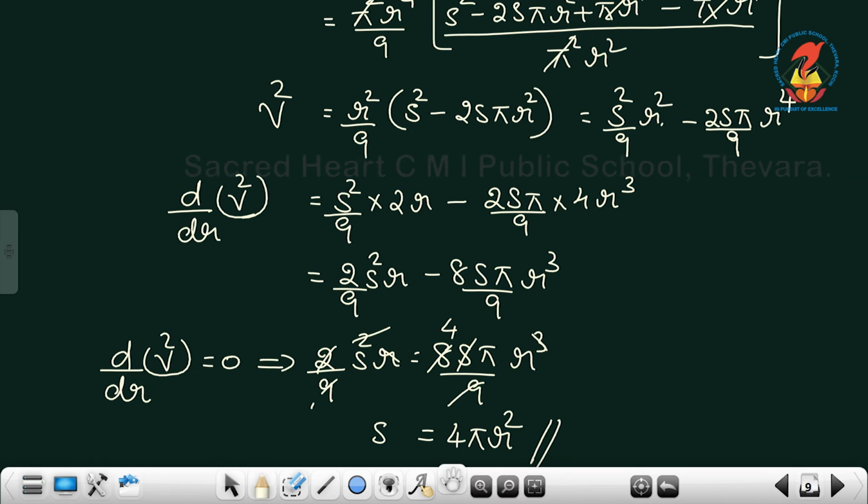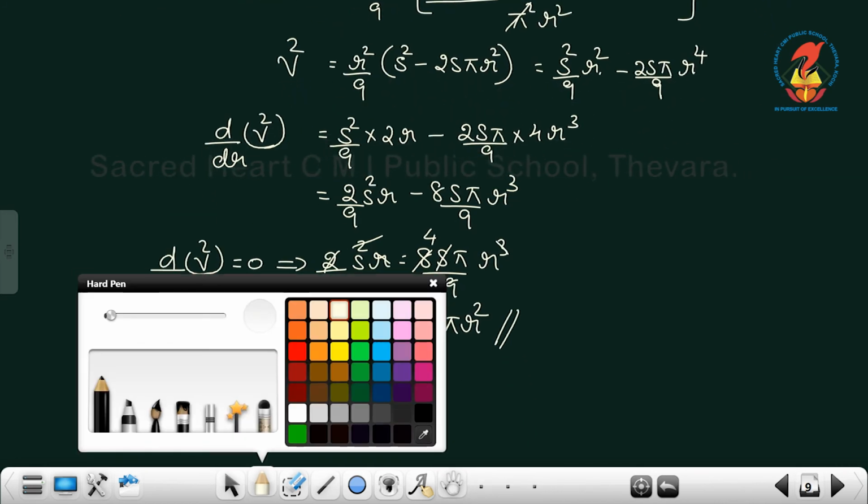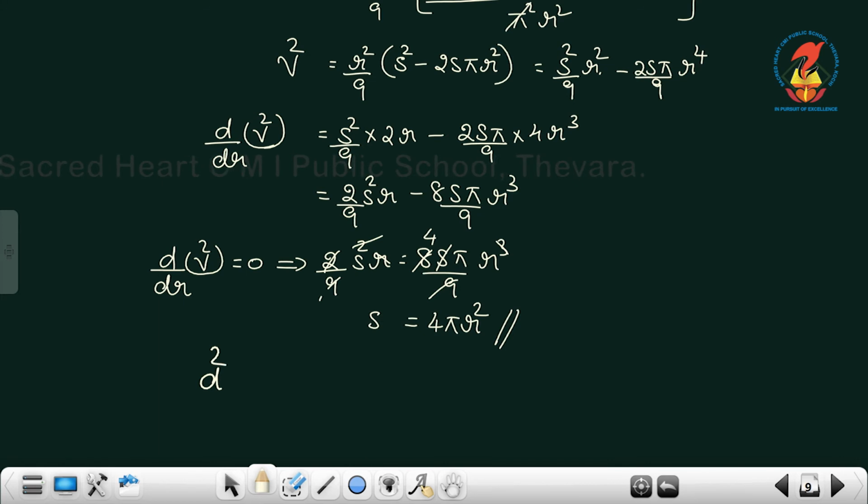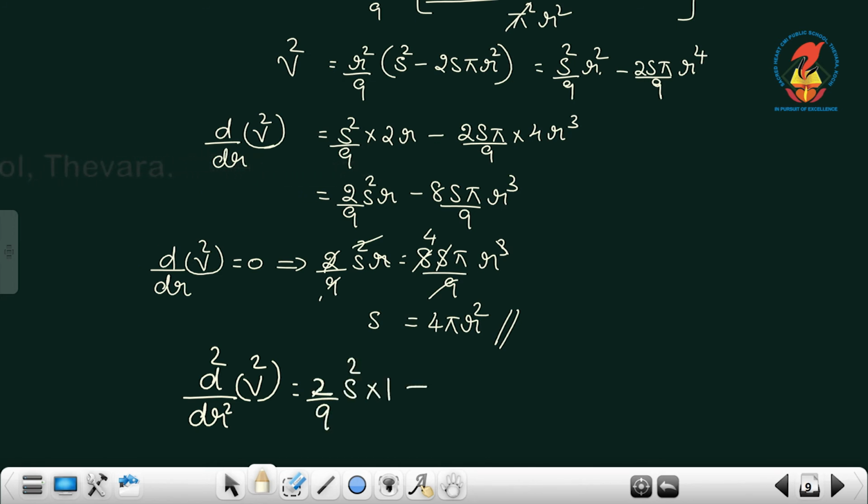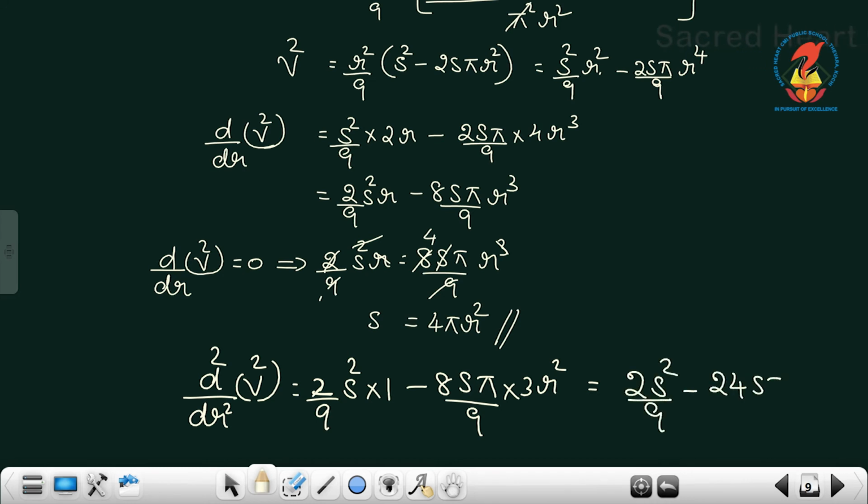Then find the second derivative. Second derivative d square by dr square of V square. This term 2 by 9 s square into 1 minus 8s pi by 9 into 3r square. So that's equal to 2s square by 9 minus 24s pi r square by 9.